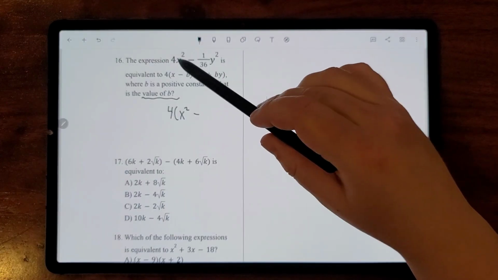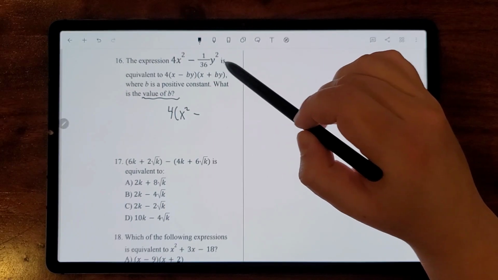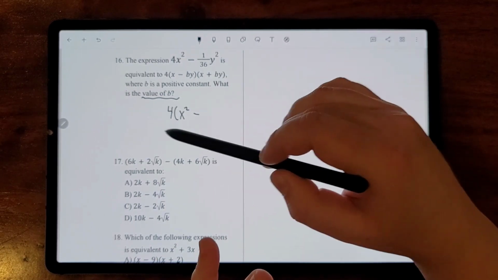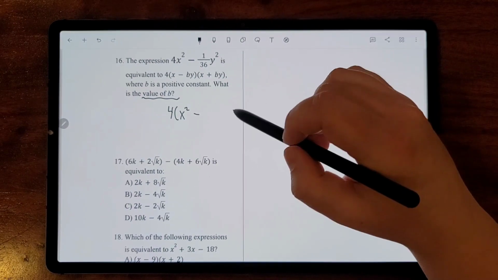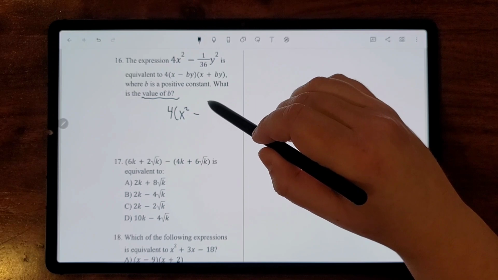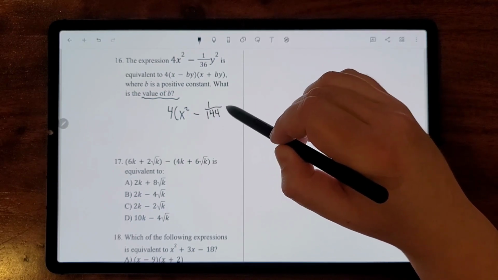So if I take the 4 out of this first term, that's just going to leave an x squared. If I ask myself, if I'm going to divide by 4, take out the 4 essentially from this term right here, what would be left over? Well, that means I would have minus 1 over 144 y squared.